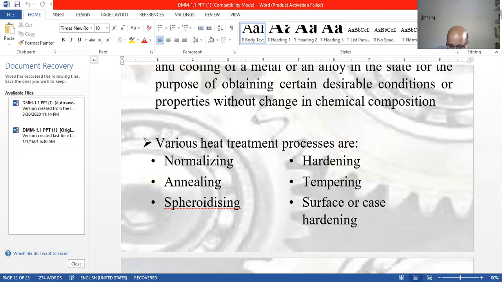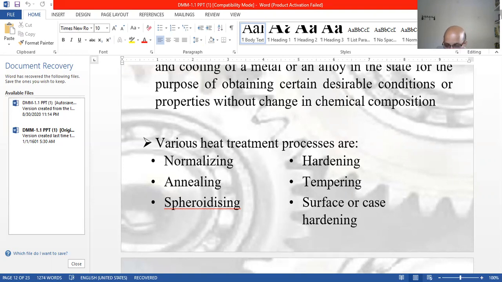Then it is cooled very slowly from 600 degrees centigrade, and the rate of cooling will be 25 to 30 degrees centigrade per hour.